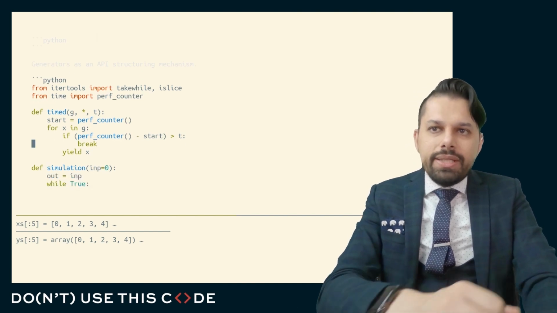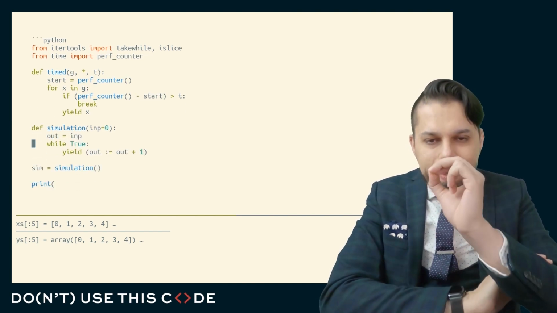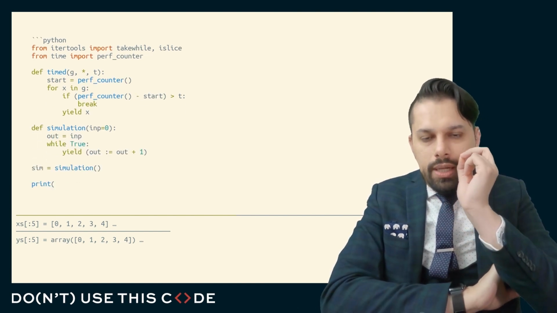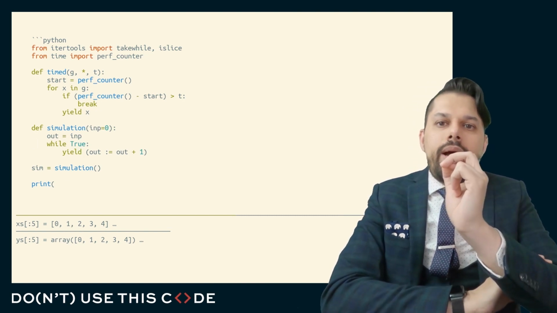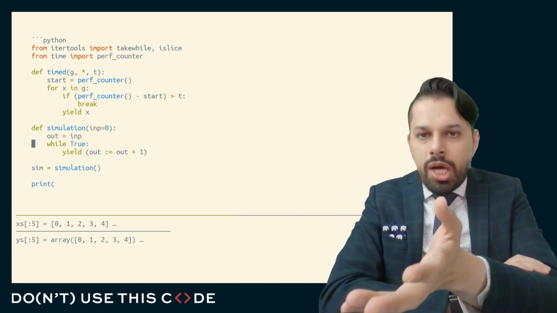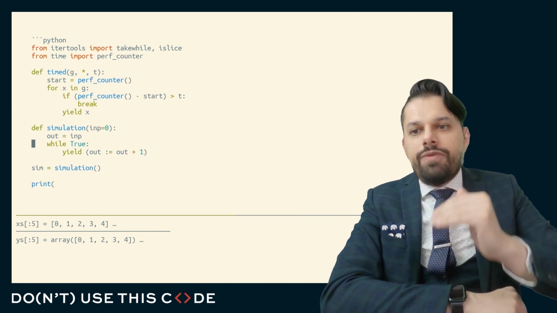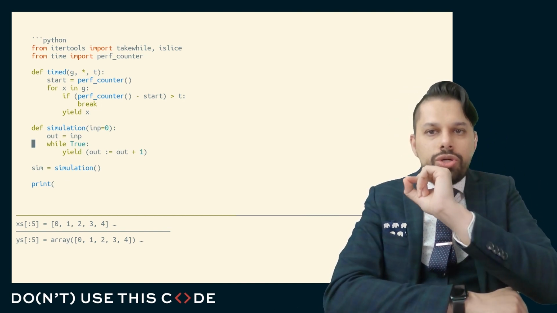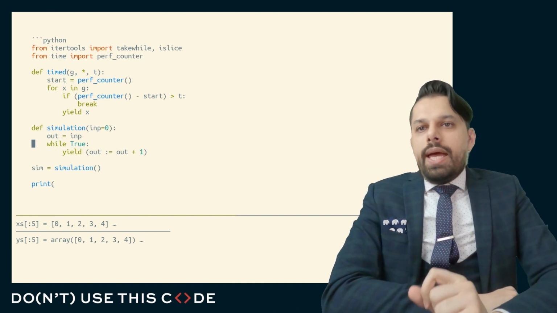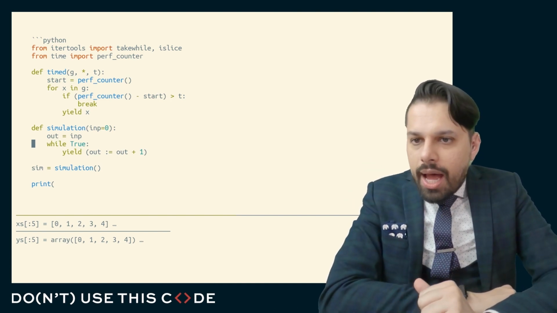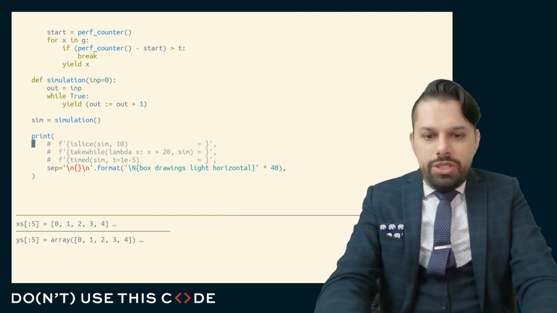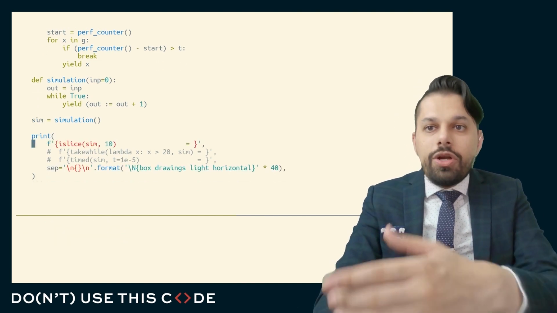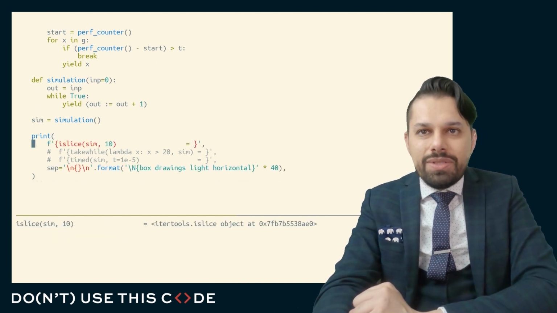When I say generators are an API structuring mechanism, I mean this absent any notion of performance. Because imagine you have some simulation, and that simulation cannot be performed eagerly within the NumPy restricted computation domain or a pandas restricted computation domain. It's necessarily something iterative. It's necessarily something that you need to add custom code at the pure Python level in order to implement. How do simulations start and stop? Well, some people want to stop their simulations after a fixed number of steps.